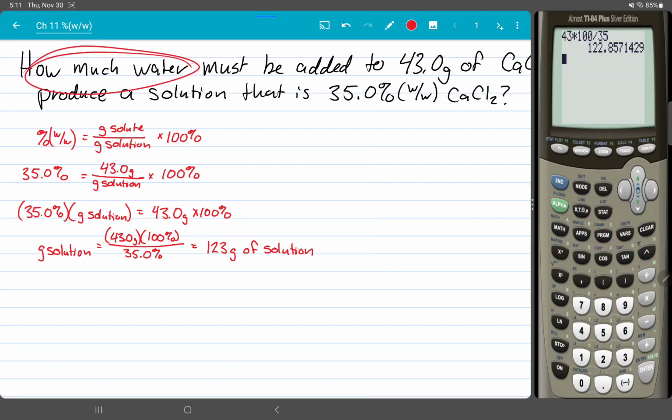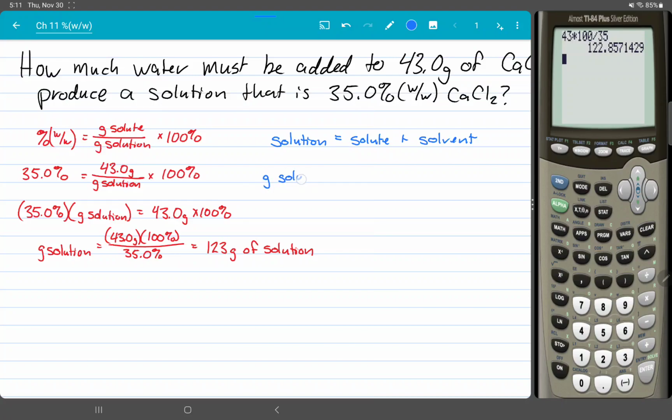It wants to know how much water. Well, I know how much total solution I am going to end up with. And if we remember, solution is equal to the solute plus the solvent. Works the same for grams of solution.